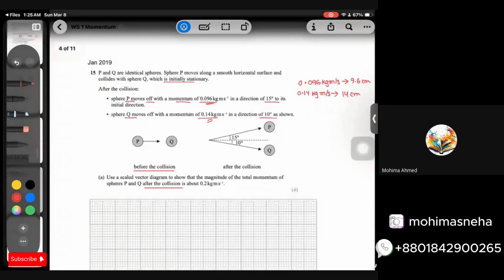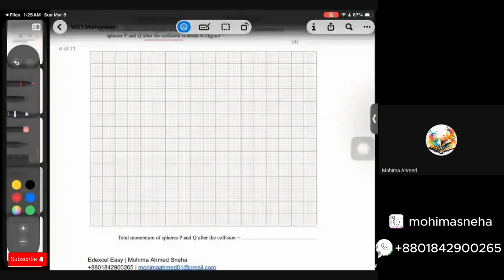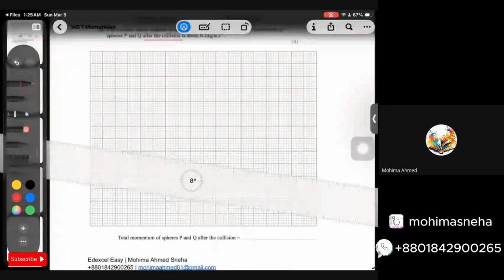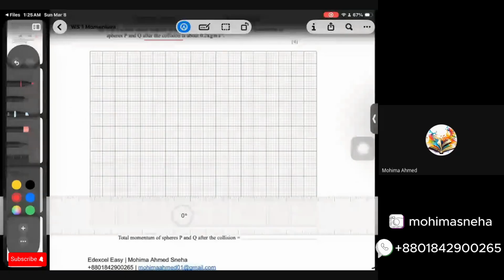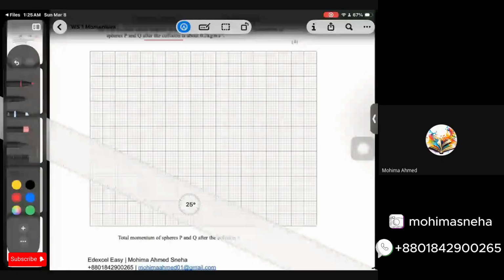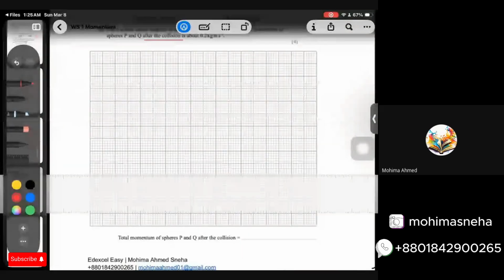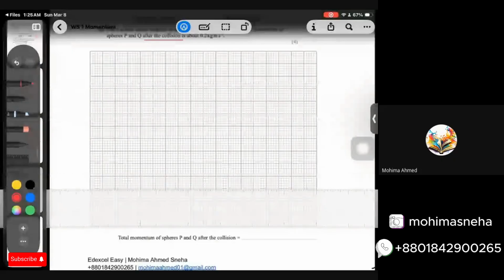Now over here, what was the angle difference between them? 165, right? So I'm going to use my scale. This is exactly horizontal, not tilted, something like this. 25 degrees is actually the angle for your particle Q. You can just draw a horizontal plane, and from there start measuring the angle.